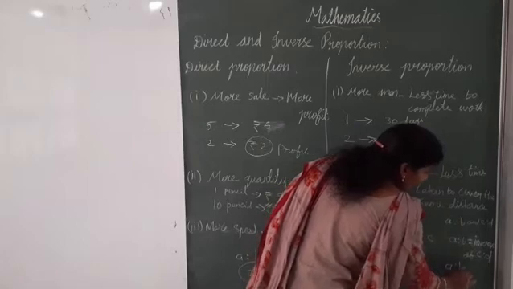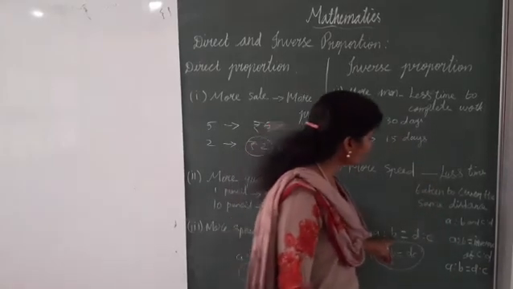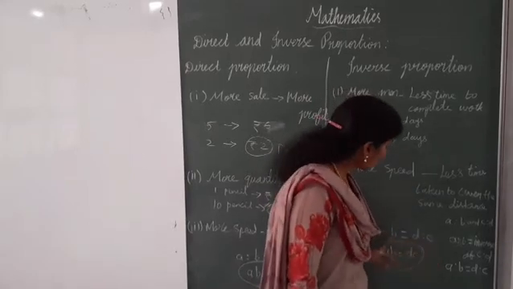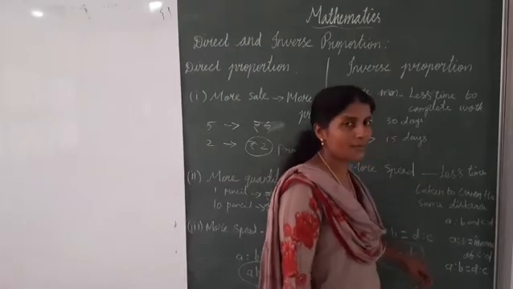A is to B equal to D is to C. So A into B, AB equal to D into C, DC. This is the formula for inverse proportion.